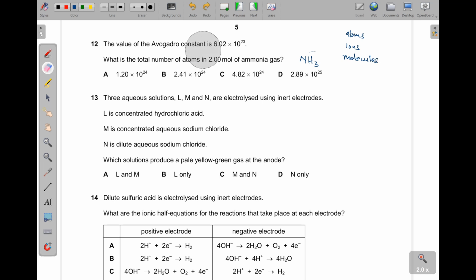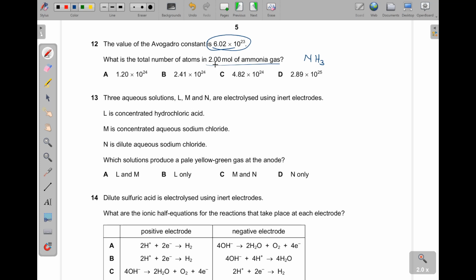So we are going to look at the nitrogen, then the hydrogen, 3 of them. Now, 2 moles of ammonia gas. 1 mole of the molecule is the one that contains these 6.02 times 10 to the power 23 ammonia molecules.